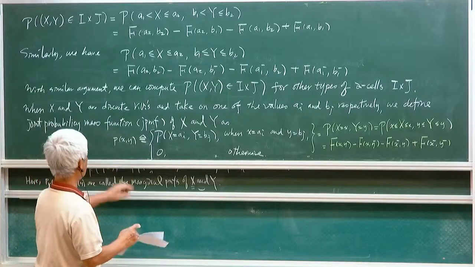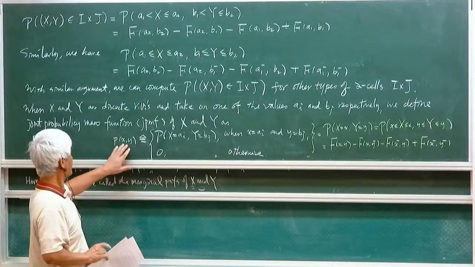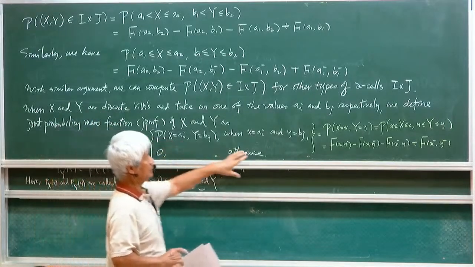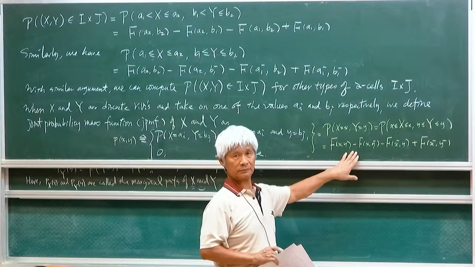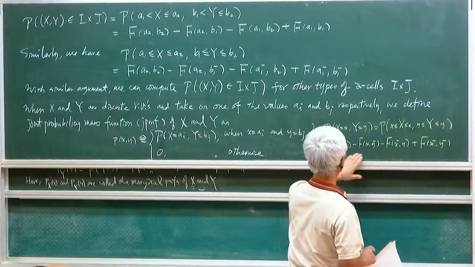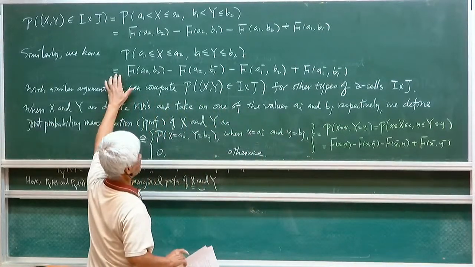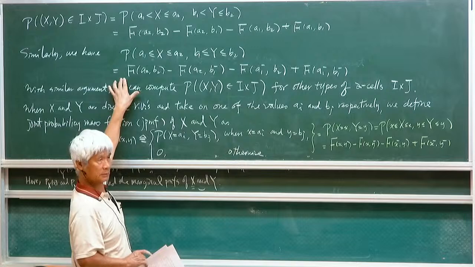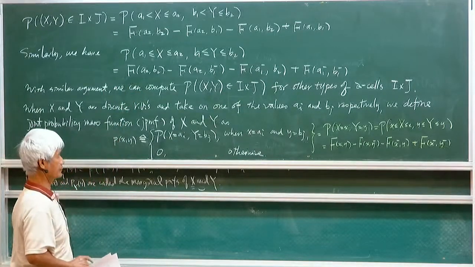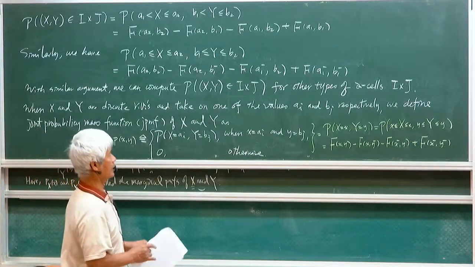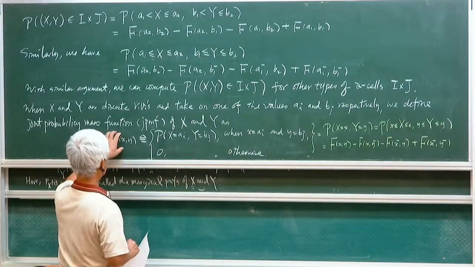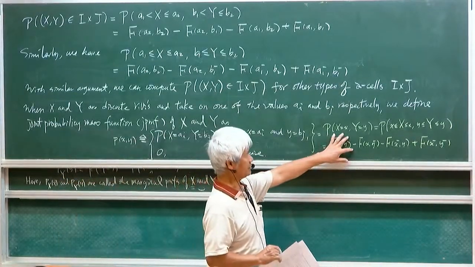So we can obtain the joint PMF of two discrete random variables from their corresponding joint CDF. If needed, we apply this formula here.